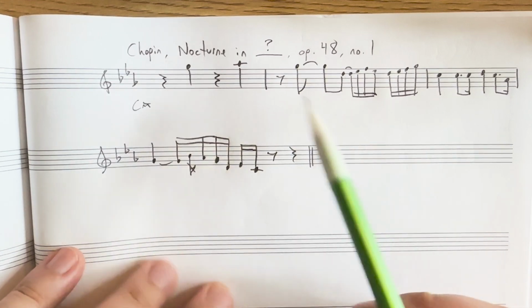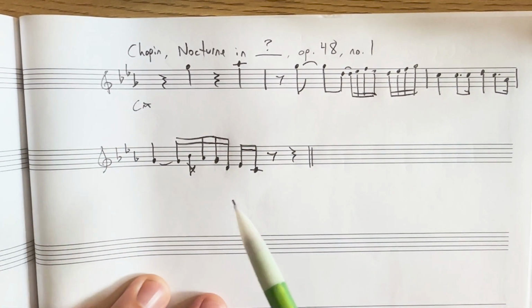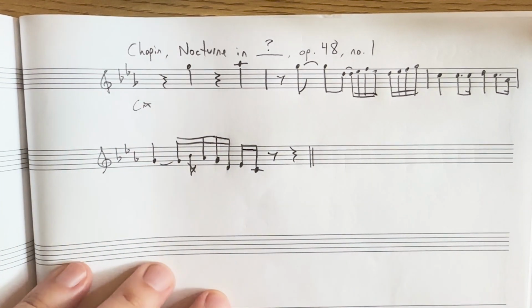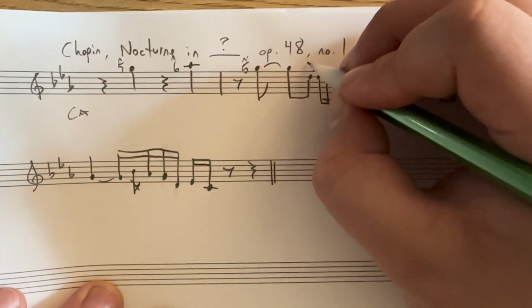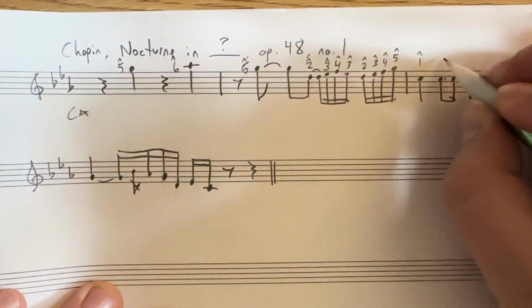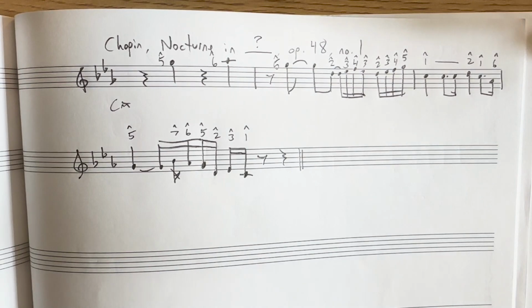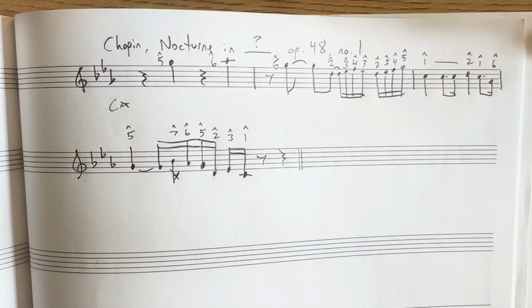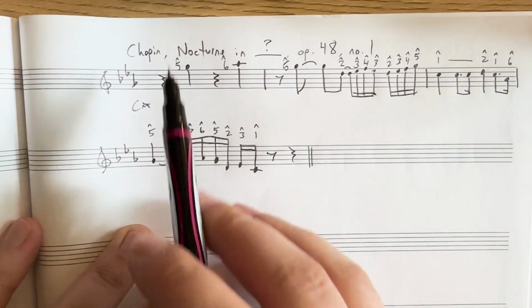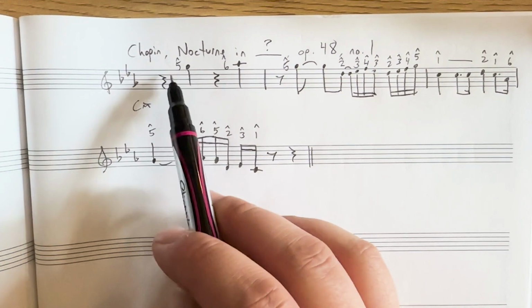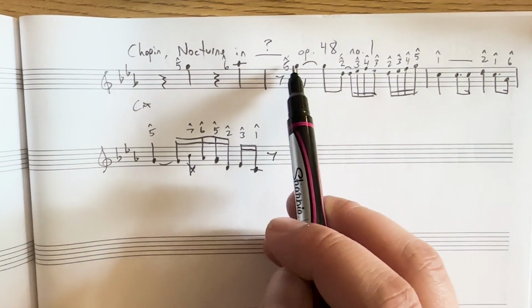So now let's fill in the scale degrees, that's step 2, so that we can analyze our tendency pairs. So now that we have all of our scale degrees, we can start to look for the tendency pairs. So we first start on scale degree 5, which is somewhat stable, moves up to 6, and comes back down to 5.